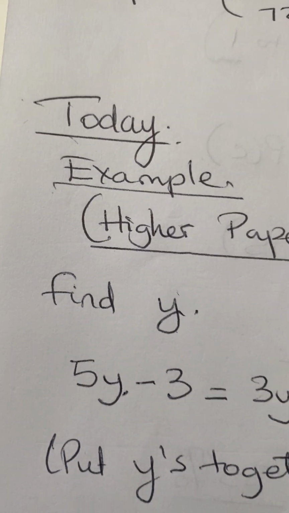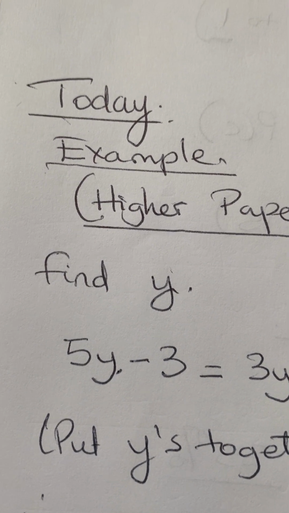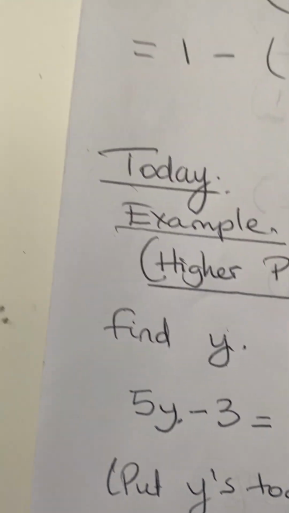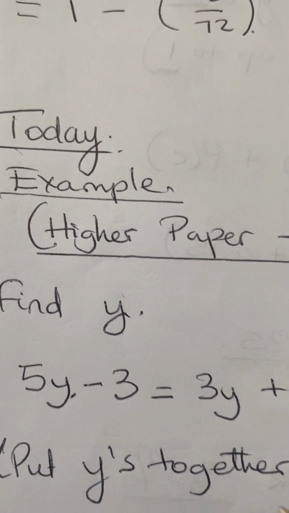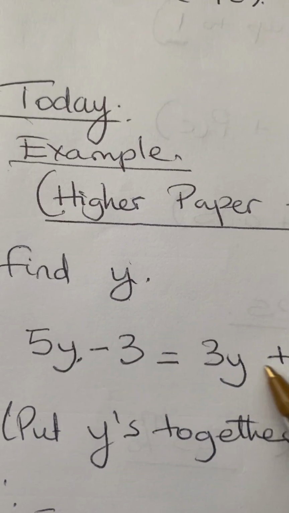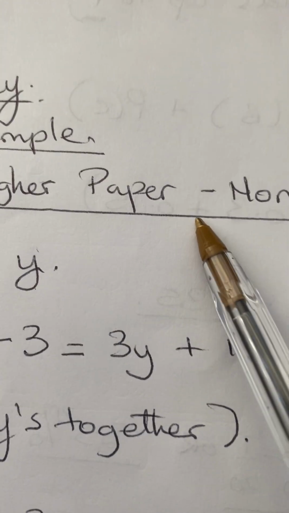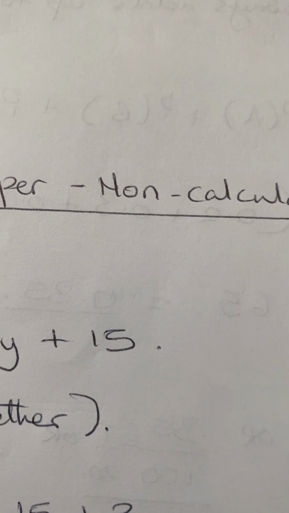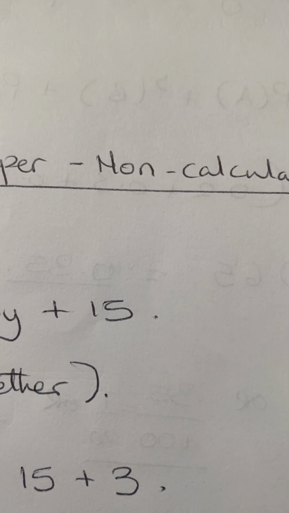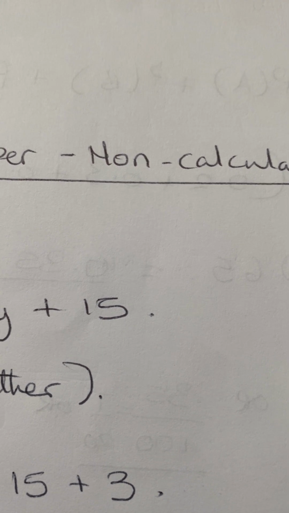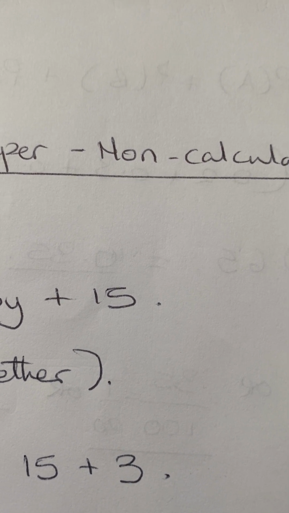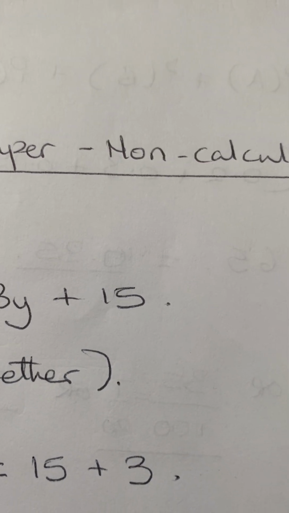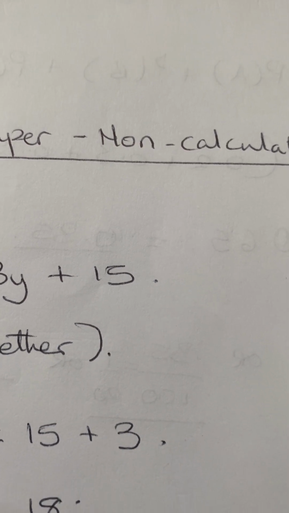Now let's look at today's question. We've done some videos on algebra. Now this question here is from a higher paper again, but in this paper you are not allowed to use the calculator. All the questions we've seen so far came from the calculator higher paper.